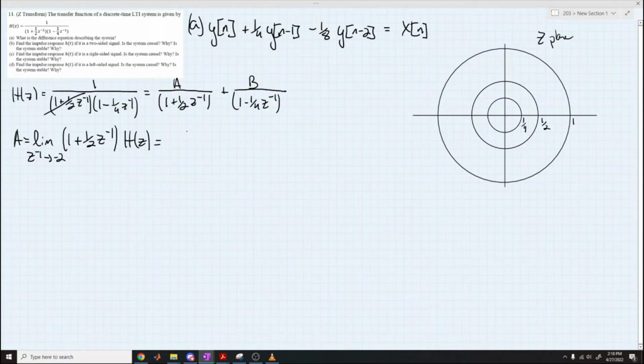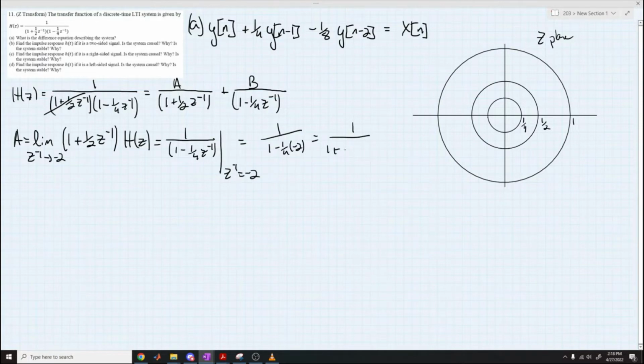So I'll have 1 over 1 minus 1/4 z to the negative 1. And now I want to evaluate this at z to the negative 1. I no longer have to take the limit because I'm not breaking any mathematical rules, so we're just doing a simple substitution. And that's going to be 1 over 1 minus 1/4 times negative 2, which is equal to 1 over 1 minus, so what is that?